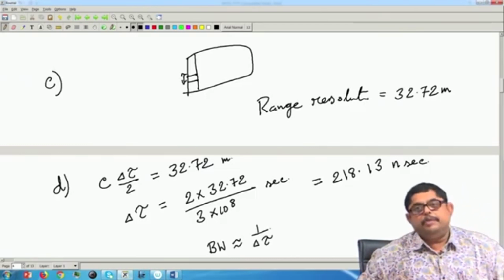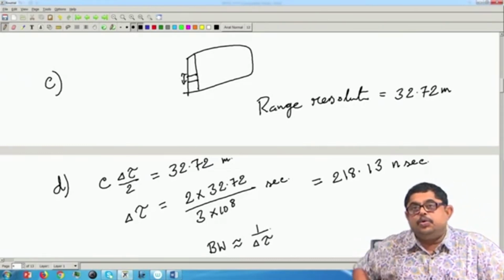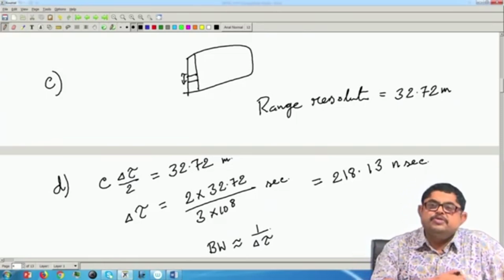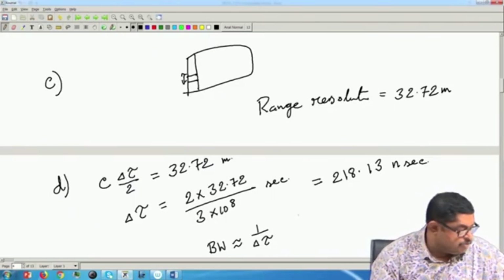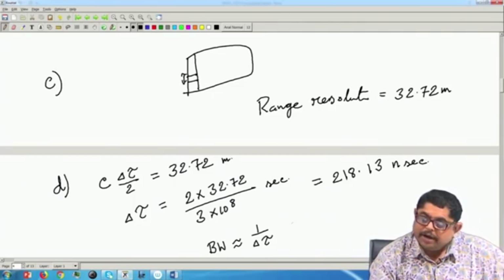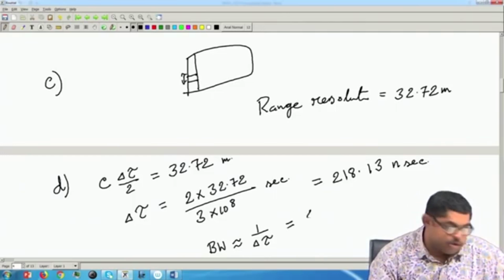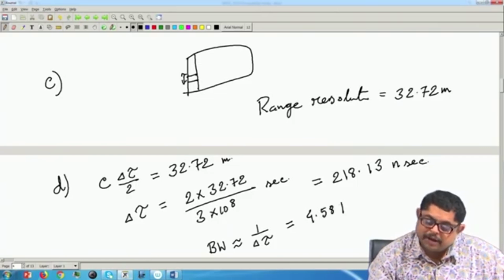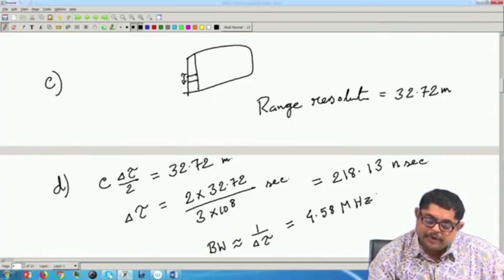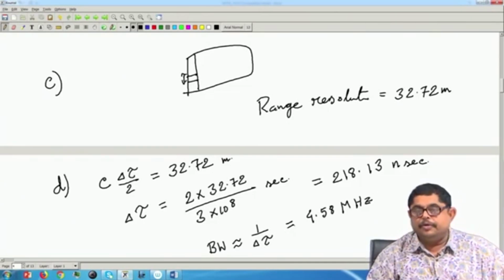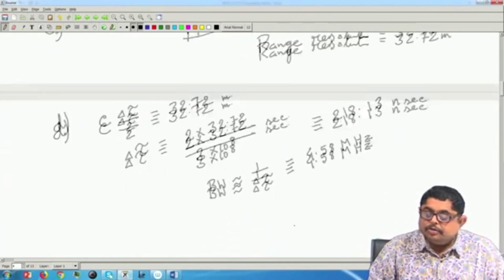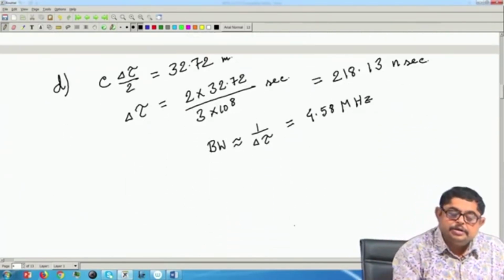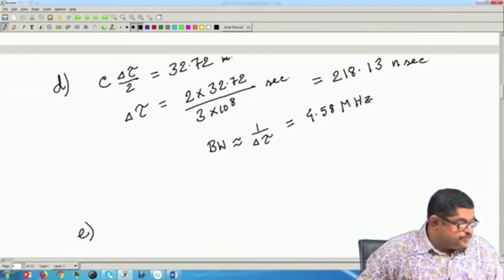If you require more precision, then you need to know the signal type, but we are assuming a constant frequency pulse, and ideally there should be a 2/3 term, but roughly bandwidth will be 1 by delta tau, so approximately 4.58 megahertz. Okay. So, if you keep 4-5 megahertz, you will be on the safe side.